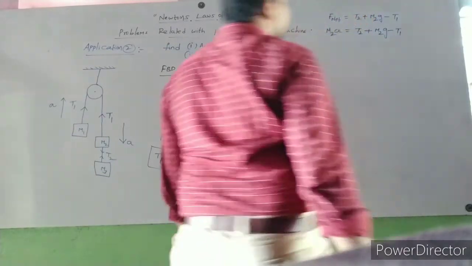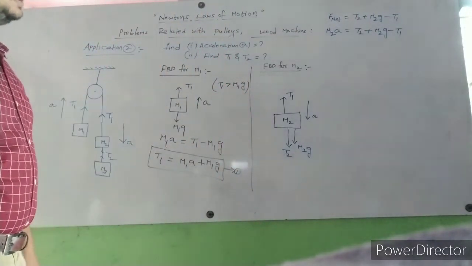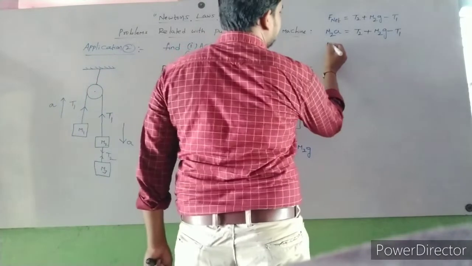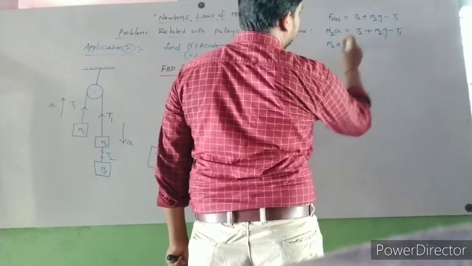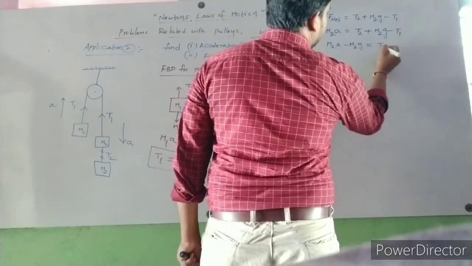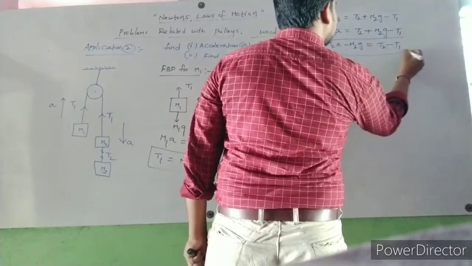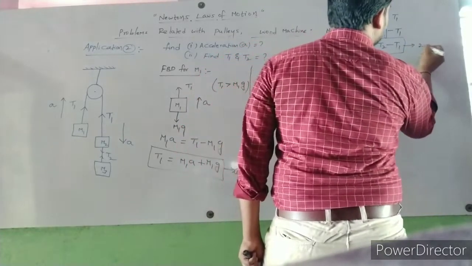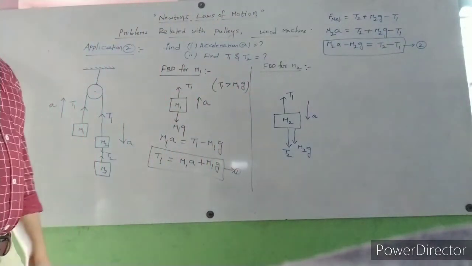So from this we got M2A, and moving M2G to this side, M2A minus M2G is equal to T2 minus T1. So this is equation 2.